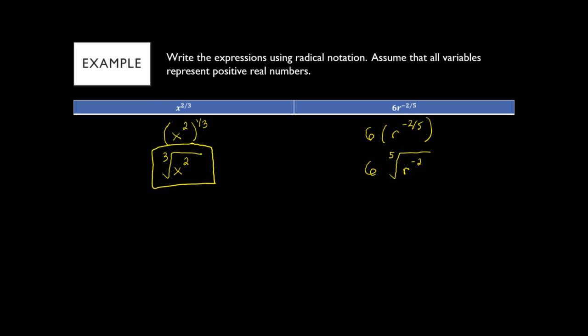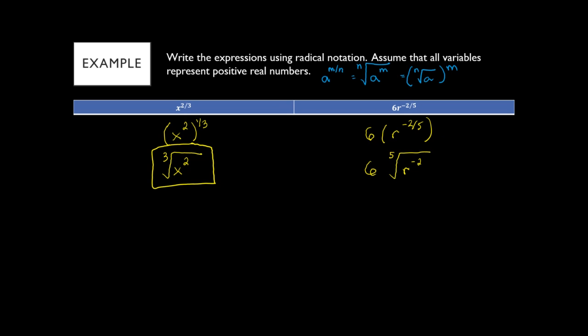So going back to the initial, I'll write the rule here, a to the m over n. So far, I've been writing it as a to the m to the nth root. But the other way to do it is to do the nth root of a and then the m on the outside.